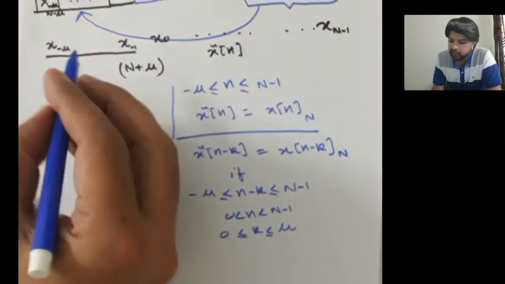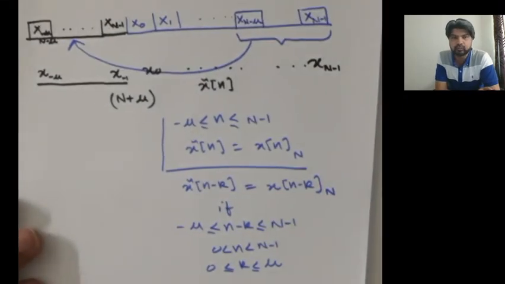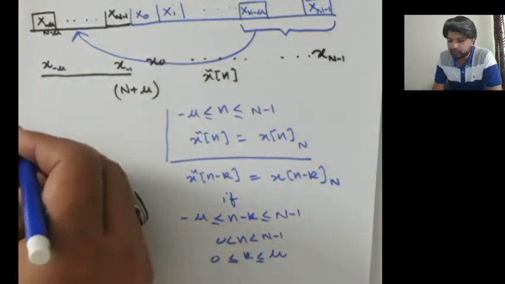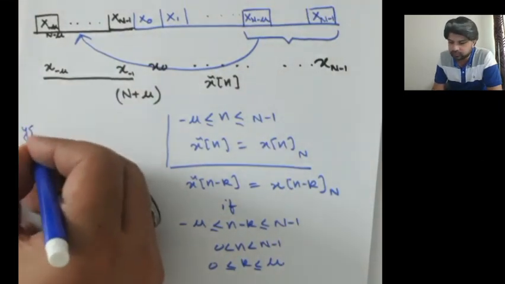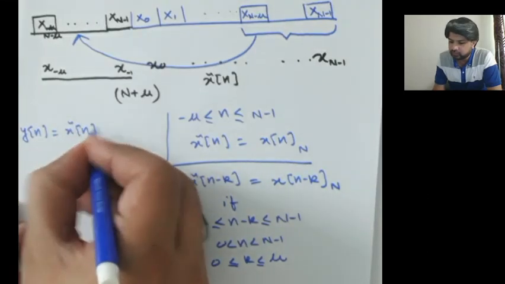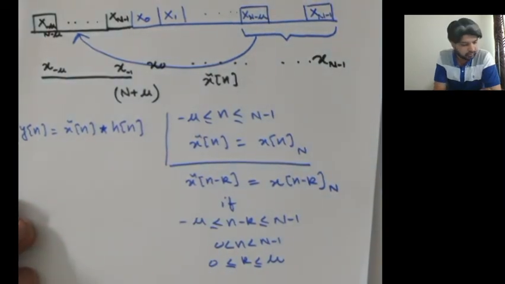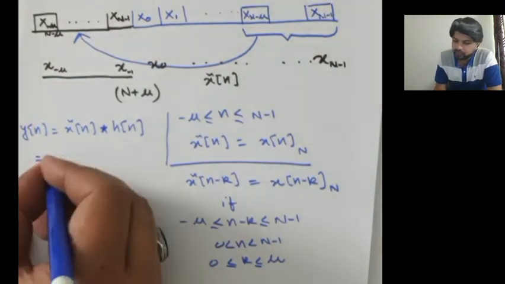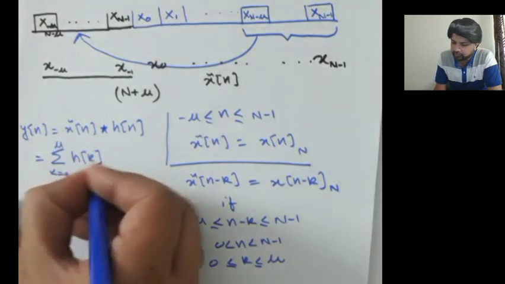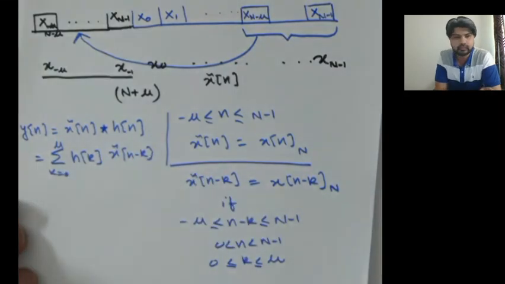So now if you transmit this x tilde of n into the channel rather than x of n, right? So you do a cyclic prefix and then transmit into the channel. So you have y of n equal to x tilde of n convolved with h of n, right? So that is what it is. And that would be equal to summation k equals 0 to mu of h of k times x tilde of n minus k, right?